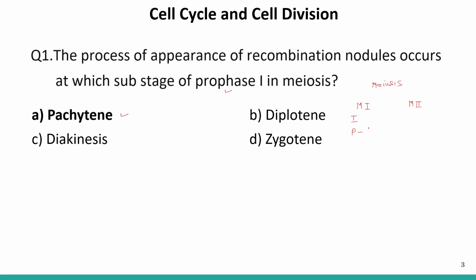Prophase is divided into leptotene, zygotene, pachytene, diplotene and diakinesis. The recombination nodules are formed during the pachytene stage of the prophase. These recombination nodules help in crossing over, or you can say exchange of genetic material.